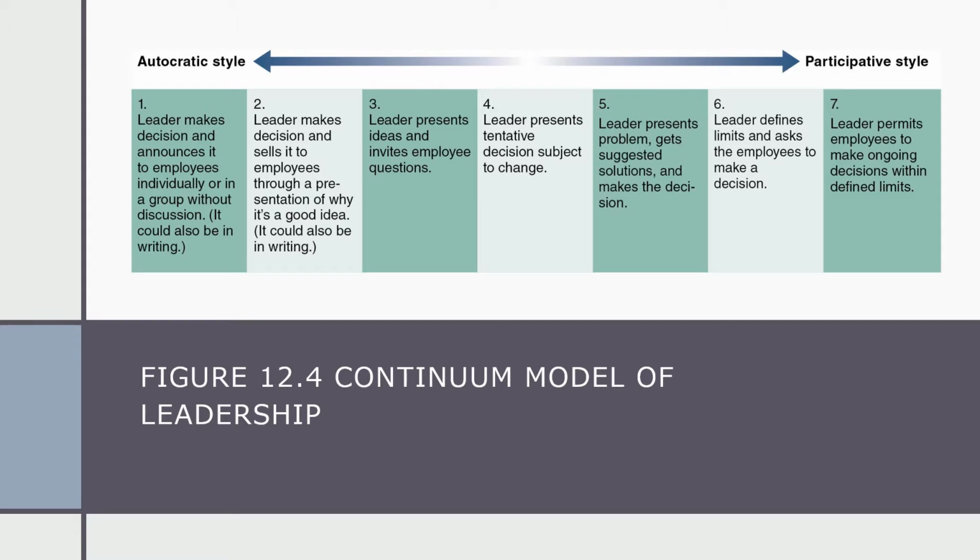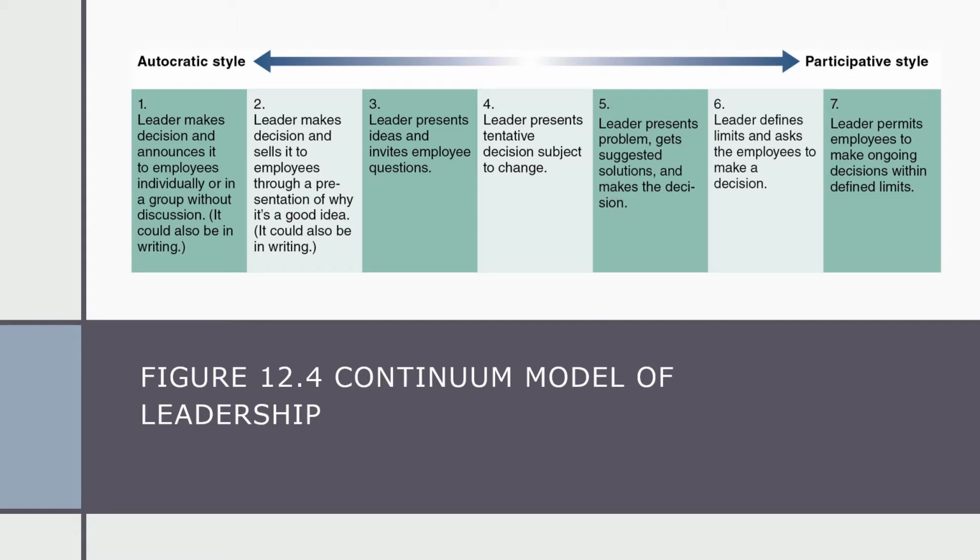Before selecting one of the 7 styles, you consider the following 3 variables. Number 1, your preferred leadership style. 2, the subordinate's preferred style for your leadership. And number 3, the situation. Based on the variables, which are not shown on the model, you select the appropriate leadership style for the situation.